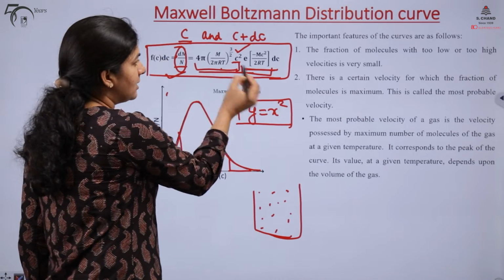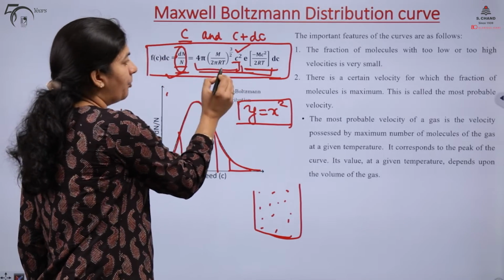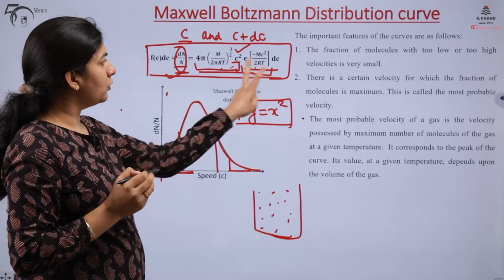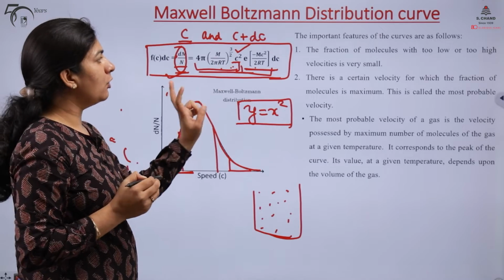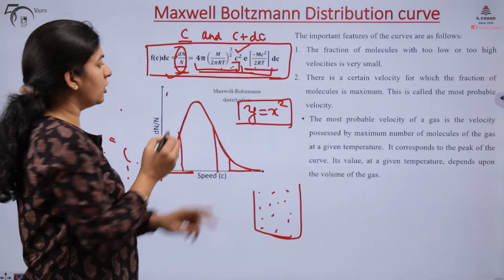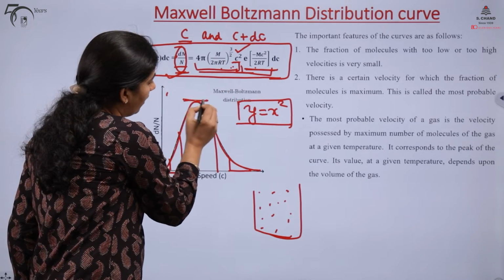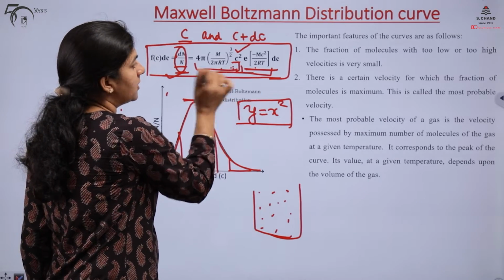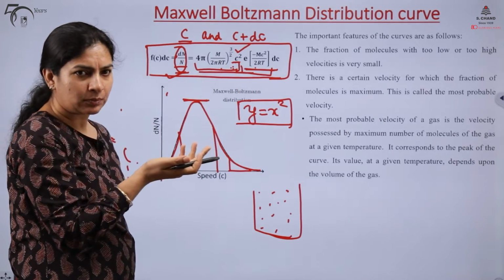Now since this fraction is a product of two terms, it is going to have a maxima here. Where will it have a maxima? Where the product of the two terms is maximum, right?